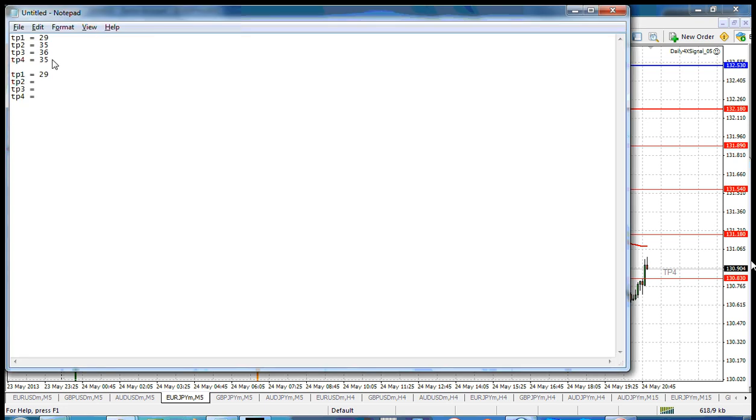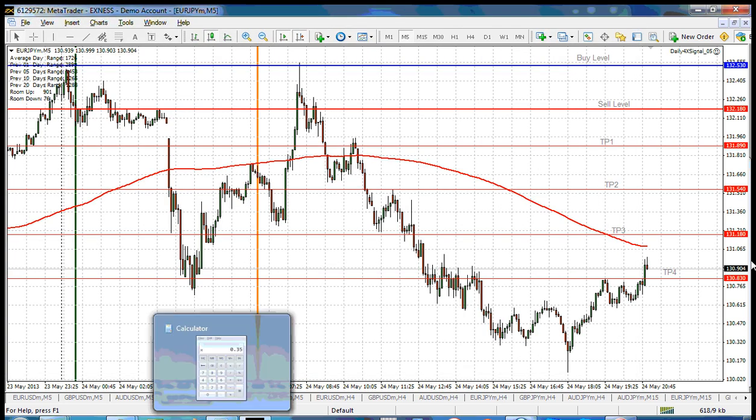We just copy this and paste it here, and stop loss hit, minus 138. So what's the total? Total pips for the day. Let's have a look.